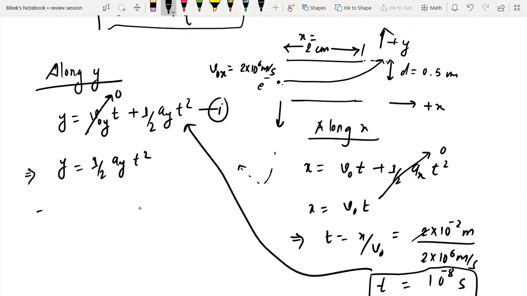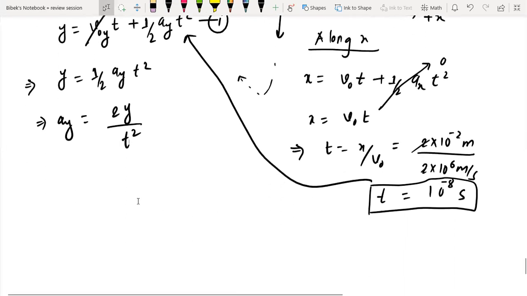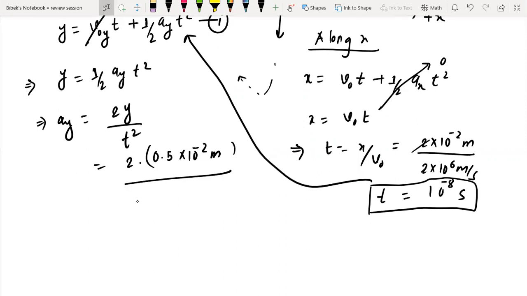So ay is going to be 2y over t square. And you have your y to be 0.5 centimeter, that's 10 to the negative 2 meters, divided by t squared, that's 10 to the negative 8 seconds square.